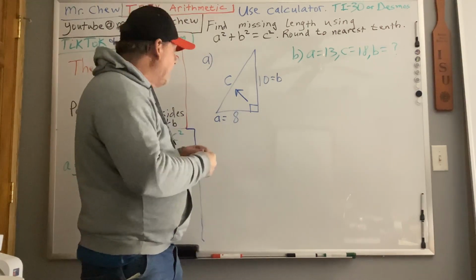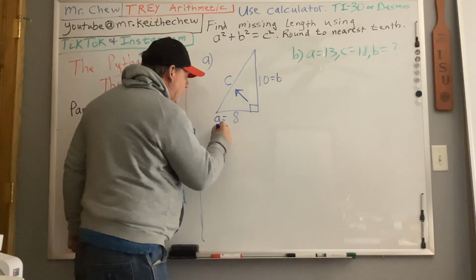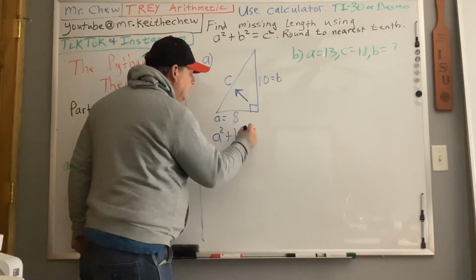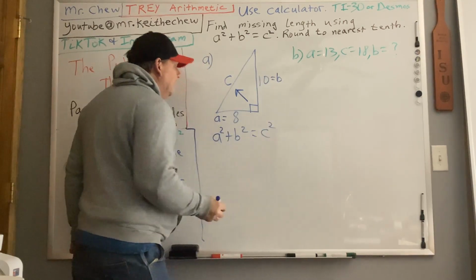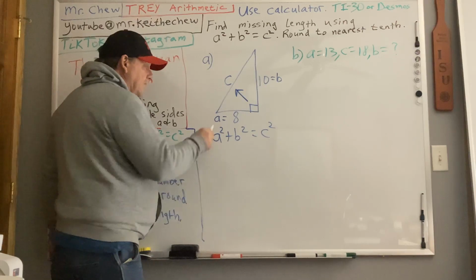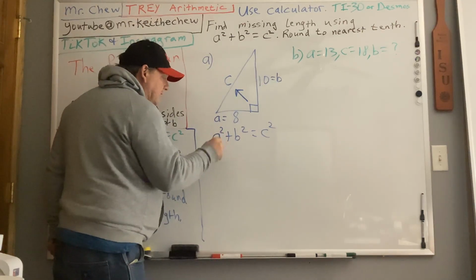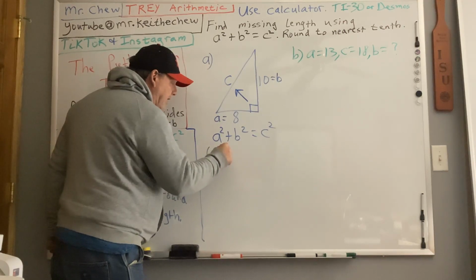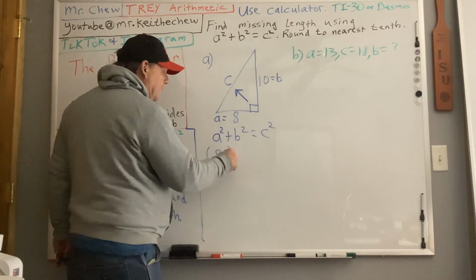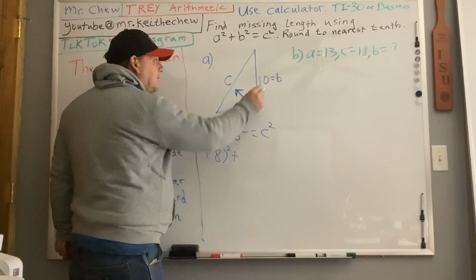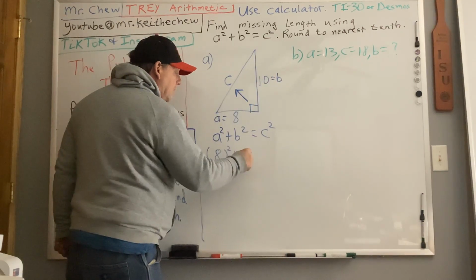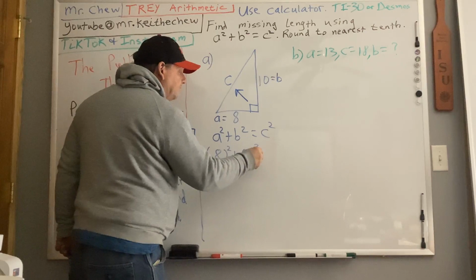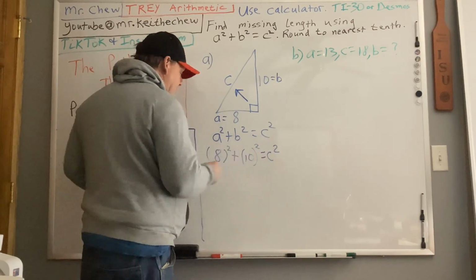Now, you have to use the formula and substitute the values in. So the A is an 8. So where the A is, I put parentheses, write the 8 in there, and we're going to square that. Where the B is, I'm going to put a 10. Square that, and that equals C squared.